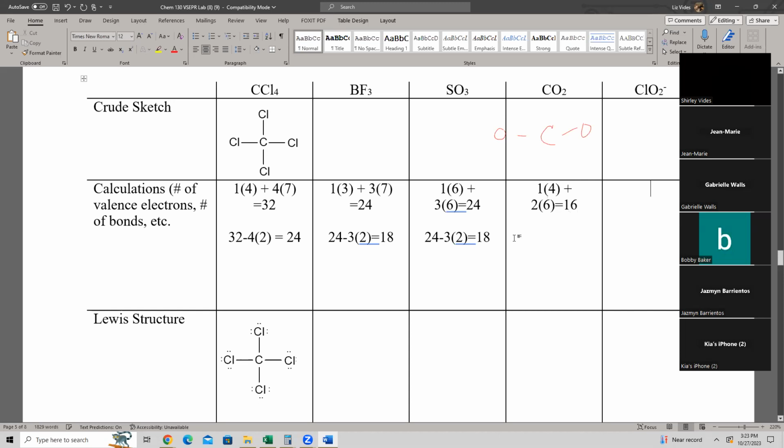So we take 16 minus, well, we had 2 bonds, right? And we used 2 electrons apiece per bond. So that gives us a total of 12 left, right? And 12 is as many as we can use. So let's put them on there. And always start with the non-central atom first.